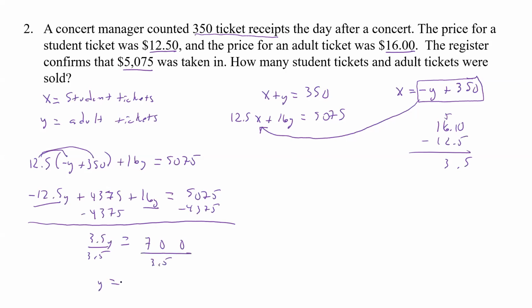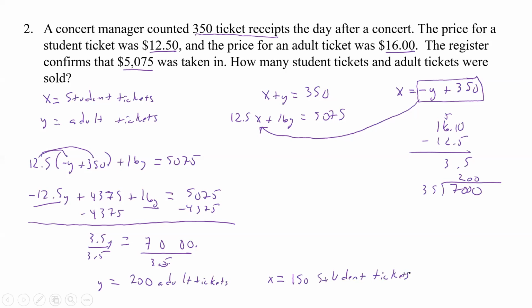And so Y is equal to, now for 3.5, I'm going to have to move the decimal over 1 and add another one here. So 35 into 7,000 is going to be 200. So Y is 200, and Y is adult tickets. And so X then is going to be 350 minus 200, so 150 student tickets. Okay.